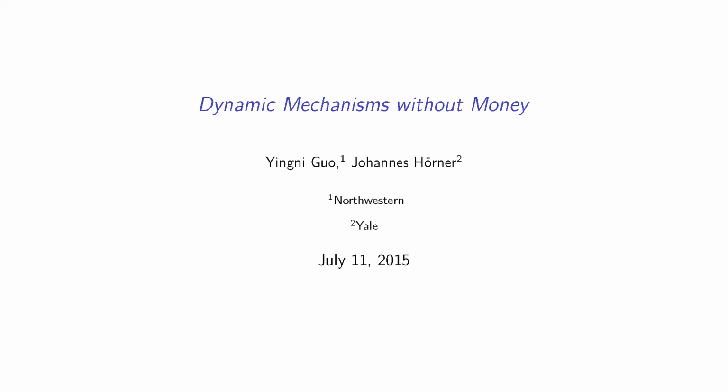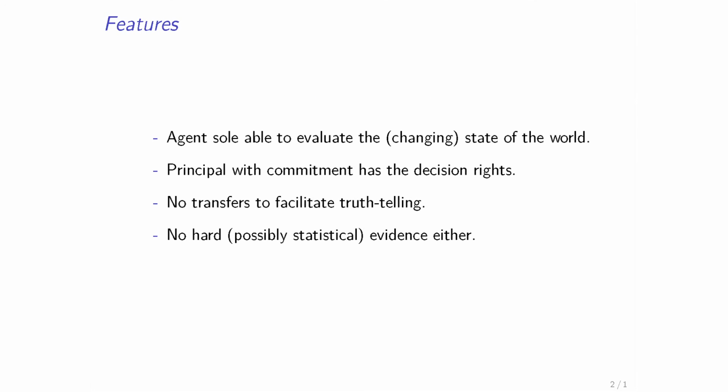More specifically, we look at a very stylized model in which the agent is able to evaluate the changing state of the world, and a principal who has commitment power also has the decision rights over the allocations in every period. And there is no transfer to facilitate truth telling between the agent and the principal.